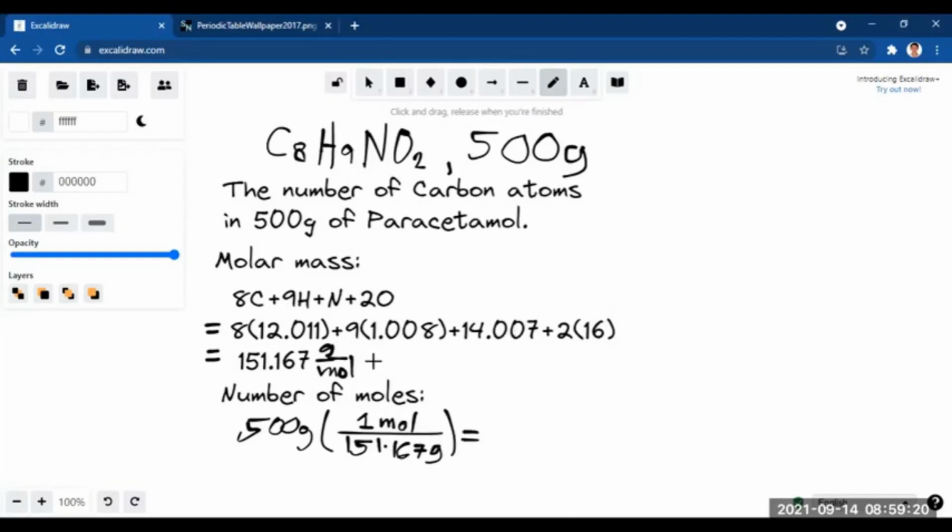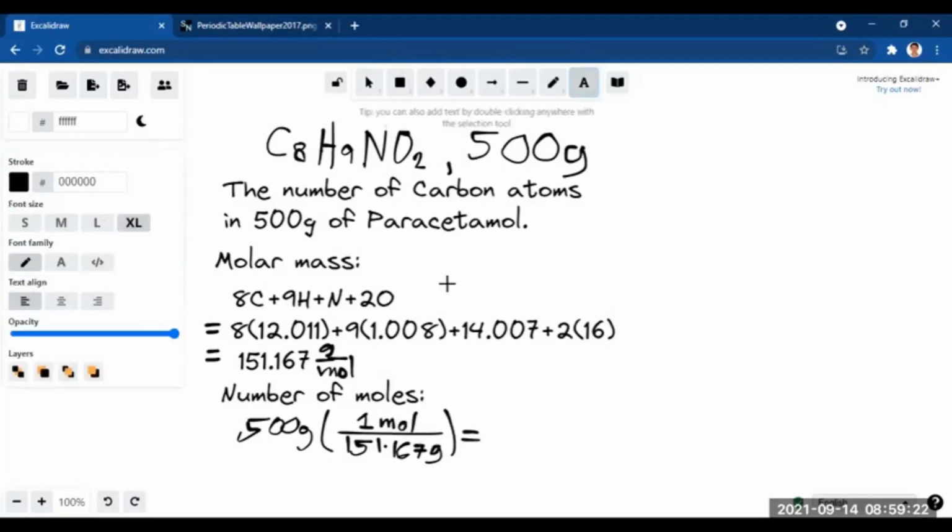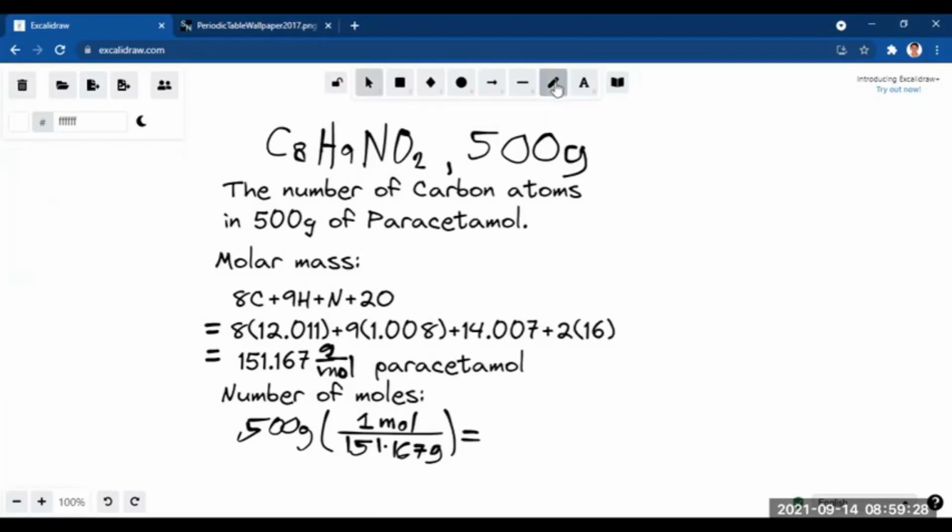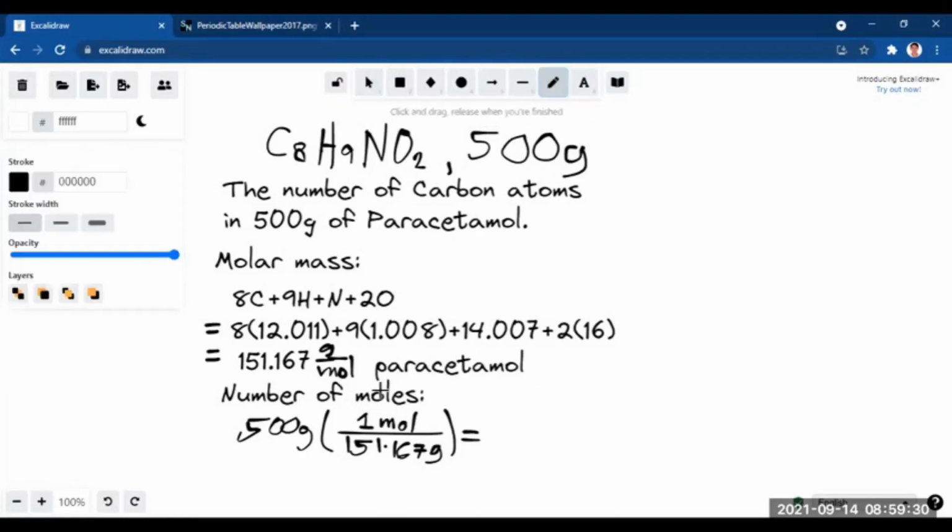So this is equal to, again, this is paracetamol, 500 grams times 1 over 151.167 grams, or 500 divided by 151.167.